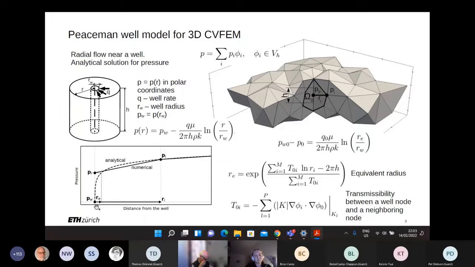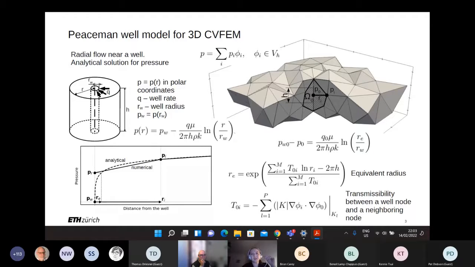And then further from the well, the pressure curve behaves more nicely, and then you can approximate it with linear approximation. And the second key feature is the so-called equivalent radius. And equivalent radius is the distance at which this numerical reservoir pressure variable is equal to the analytical pressure.